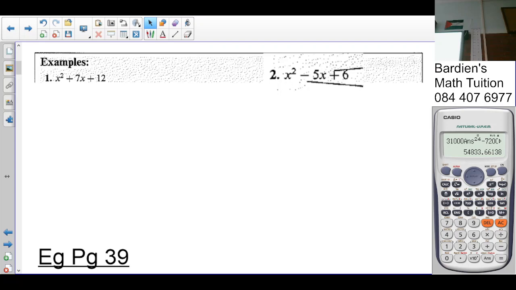Both are three terms, yes? Which makes it trinomials. What else do you notice? Both the x squared and constant, yes? In terms of it, yes, what else? Descending order, what else?